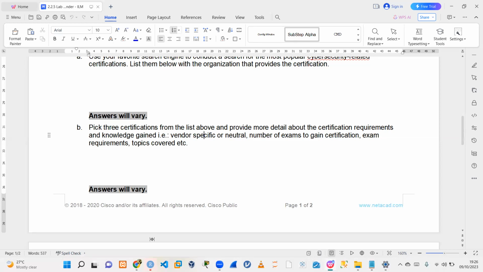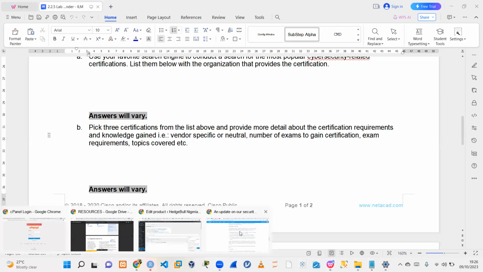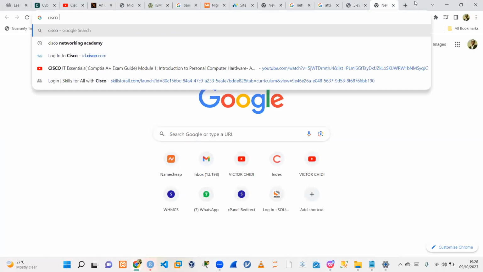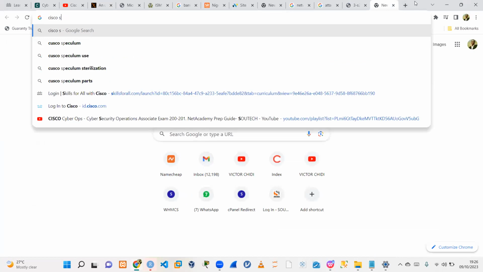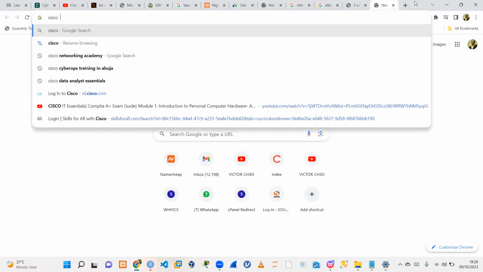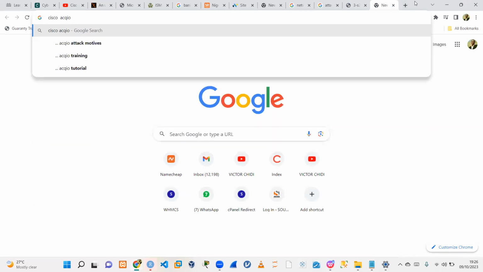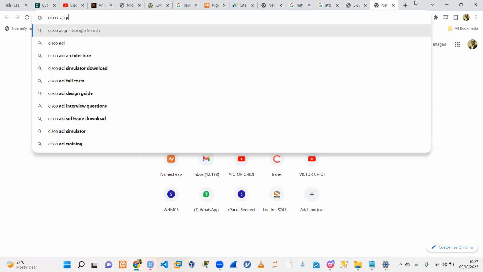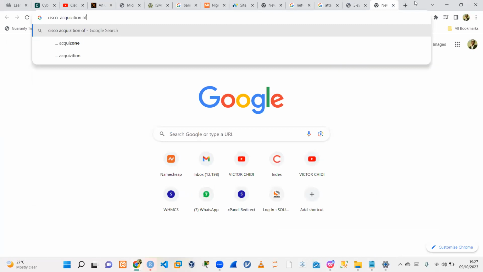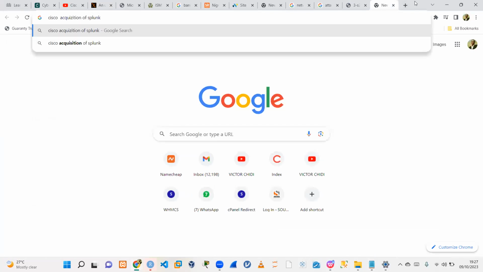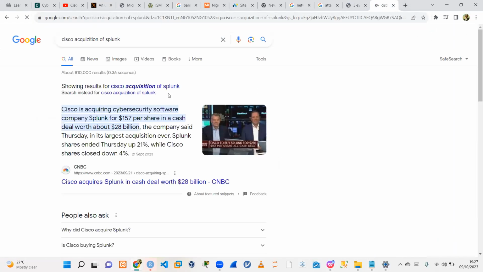I think Cisco's acquisition of Splunk. Okay, they are.